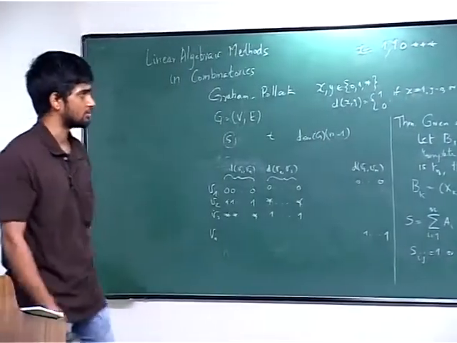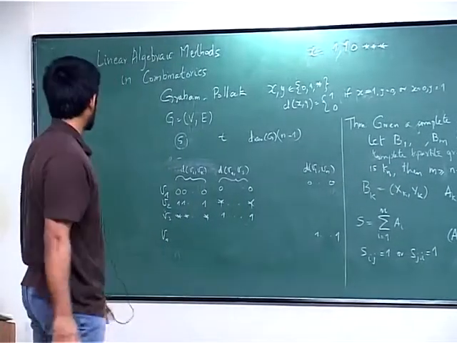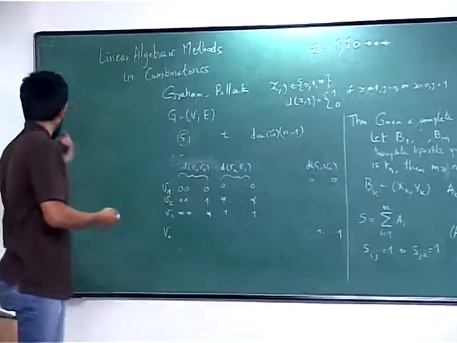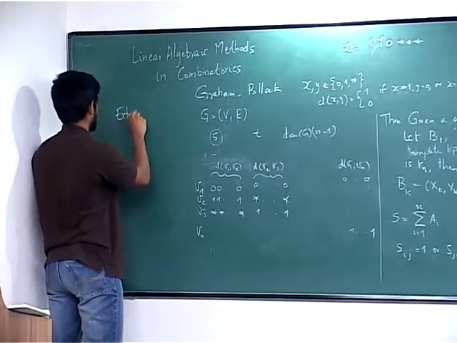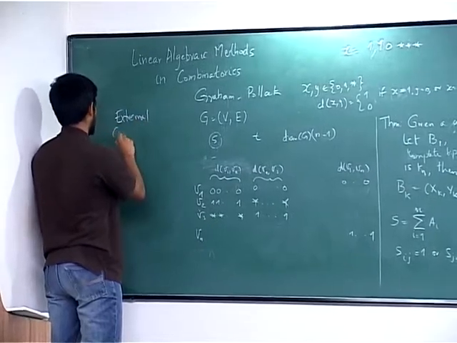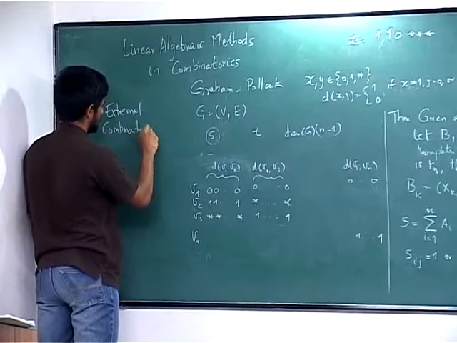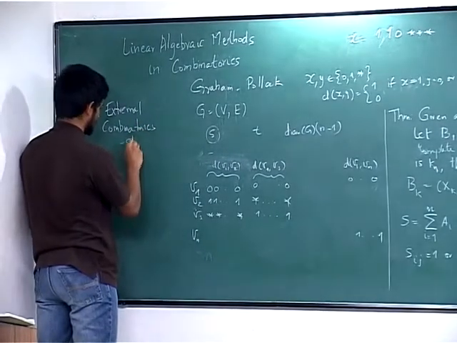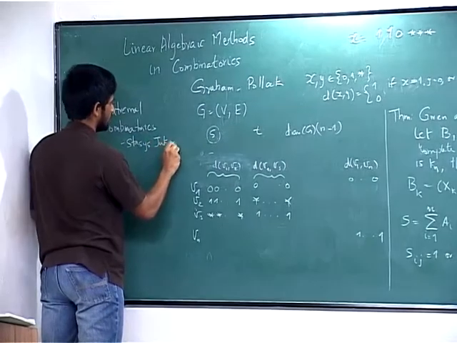Okay, so this is what I was planning to do anyway. You can read more about these things. There are some books which you can refer to if you want. One is Extremal Combinatorics by Stasys Jukna.